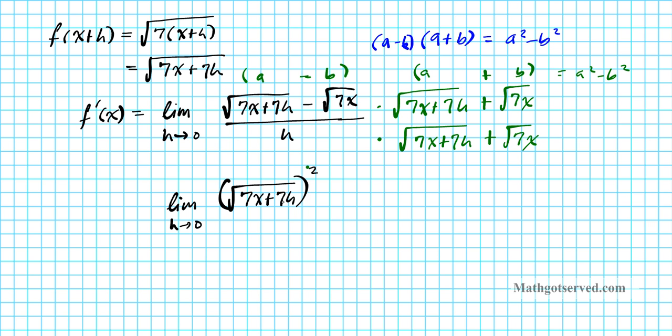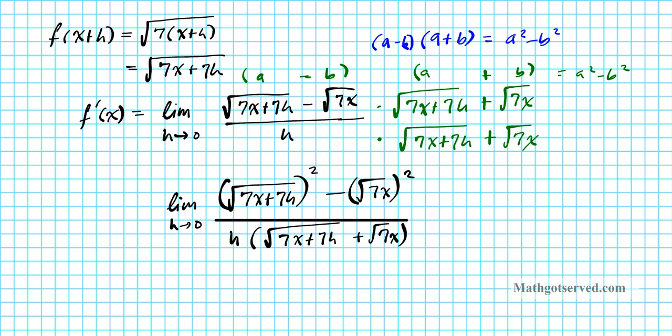So this is your a squared, and then b squared is going to be minus, because b is root 7x, so b squared is root 7x quantity squared. Then in the denominator, we don't have to do any work. Just leave it like that, because h is already nicely factored out. So we have h times the square root of 7x plus 7h plus the square root of 7x.